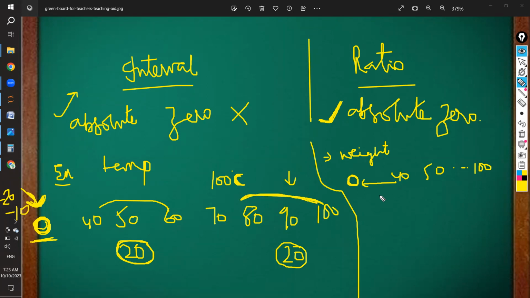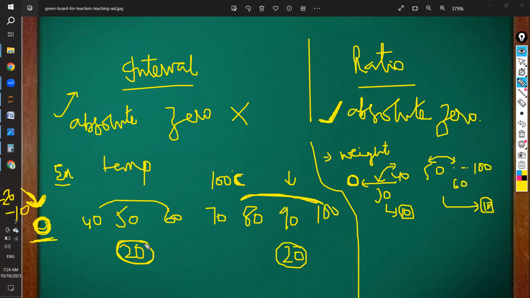But here, if you're having 30, 40, and 50, 60, the difference from 50 to 60 is 10, and from 30 to 40 the difference is 10. Agree? This 10 and this 10 will obviously be exactly the same, because these are the weights, actual weights. You can clearly say the difference between 30 to 40 is just 10, and 50 to 60 will also be 10.